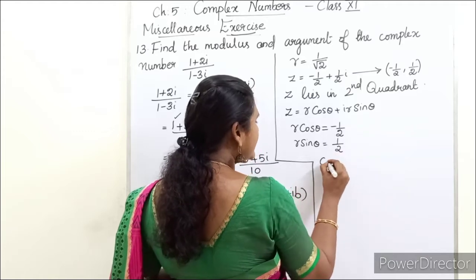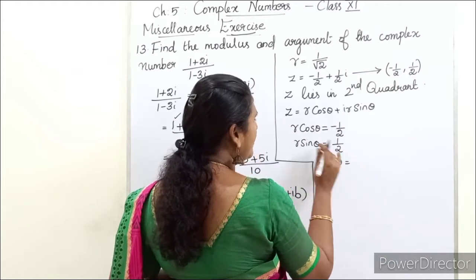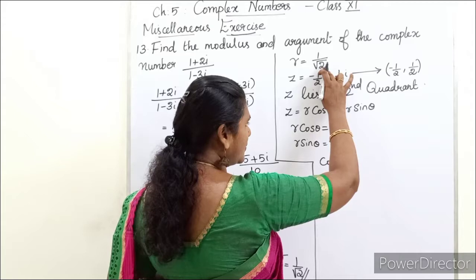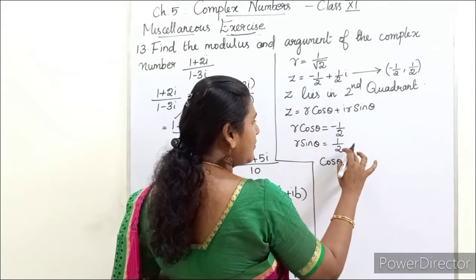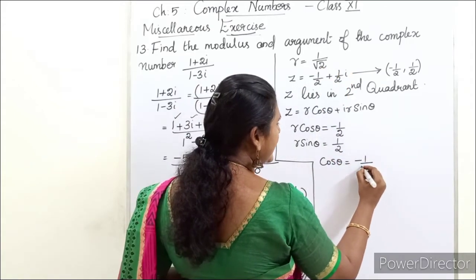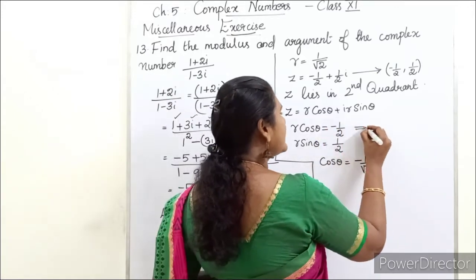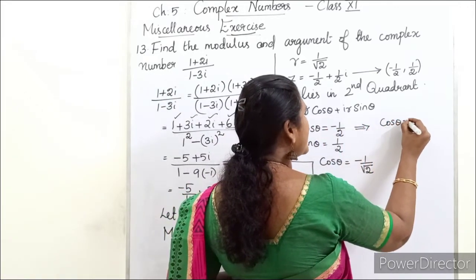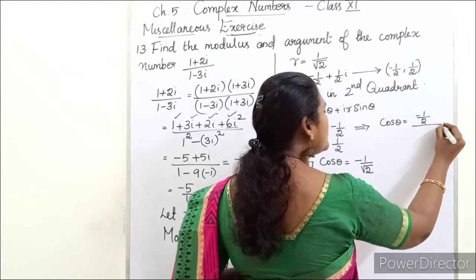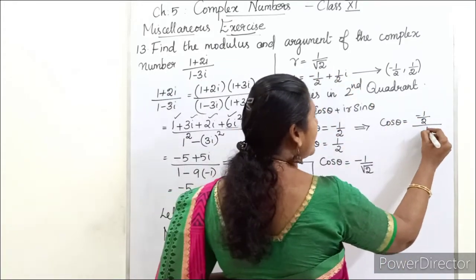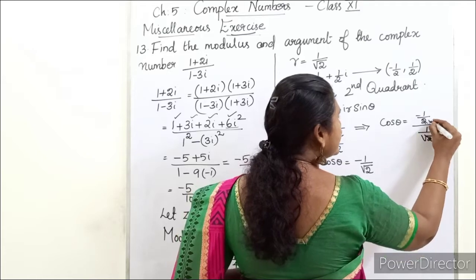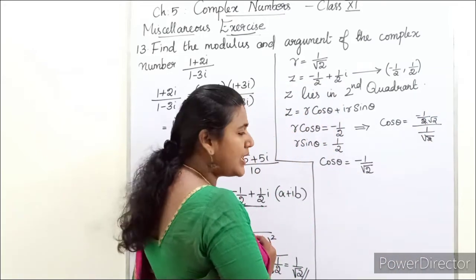So from this, what is the value of cos theta? When your r value is 1 by root 2, when you divide this by 1 by root 2 you will get the answer as minus 1 by root 2. So how to simplify this? We can simplify: cos theta is equal to minus 1 by 2 by r. The value of r is 1 by root 2. So when you cancel this you will get minus 1 by root 2.